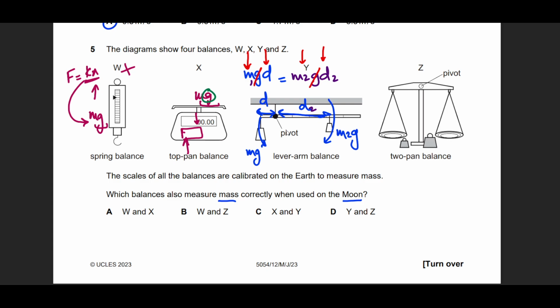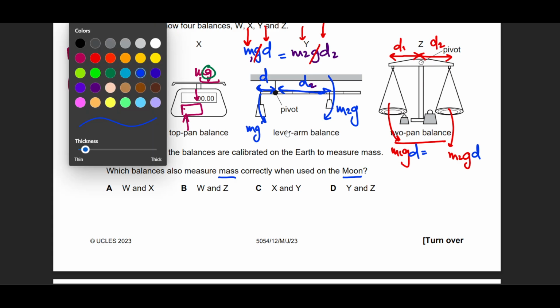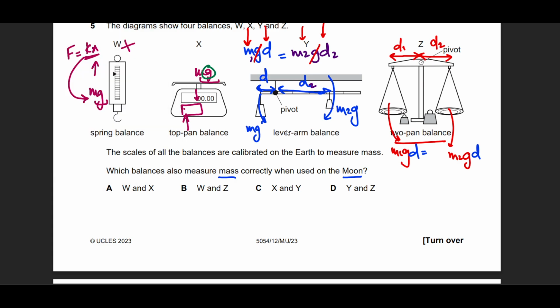The same thing happens with this top pan balance as well. What we do is we deliberately calibrate, or you can say construct, this in such a way that the distance d1 and distance d2 are equal to each other. So let's say this is m1g and this anti-clockwise is m2g. When you apply the principle of moments and put in the values of the distance, under a balance condition we can see very clearly that the value of g gets cancelled out because you're still standing on the same planet.